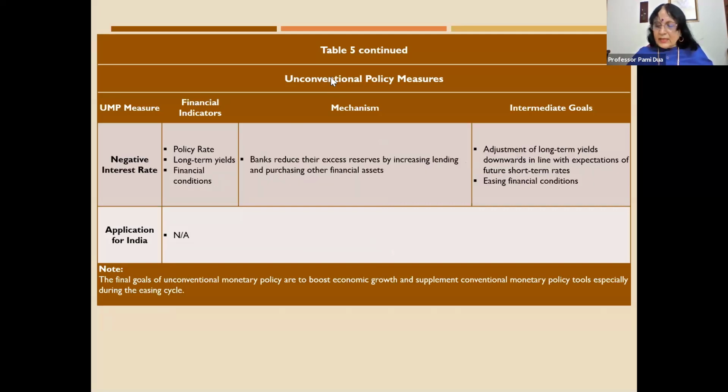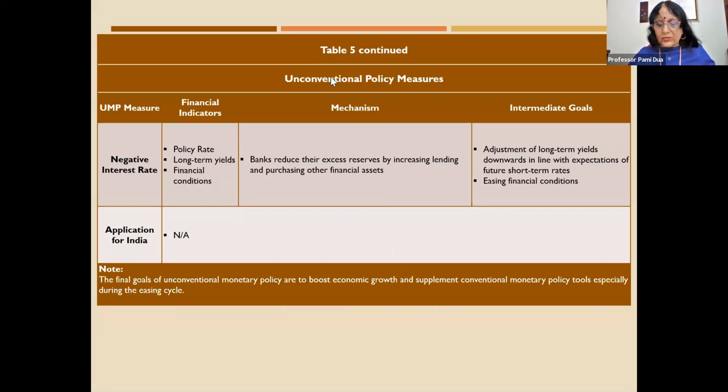Now, the last unconventional measure that is used in other countries is a negative interest rate on the reserves that banks hold with the central bank. The idea is to dissuade banks from holding reserves with the central bank, and to persuade the banks to lend to the private sector. But this has not been used by India yet.